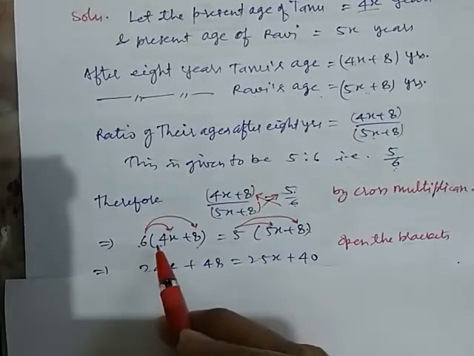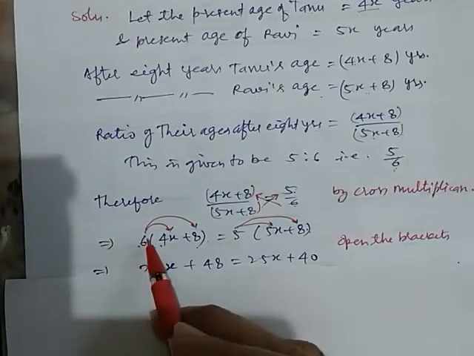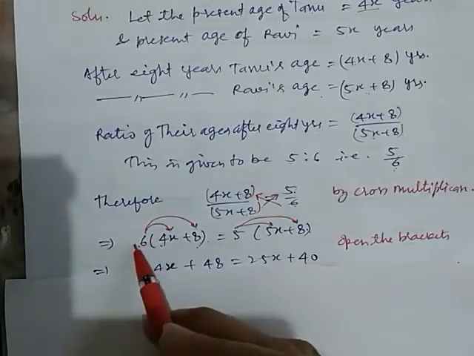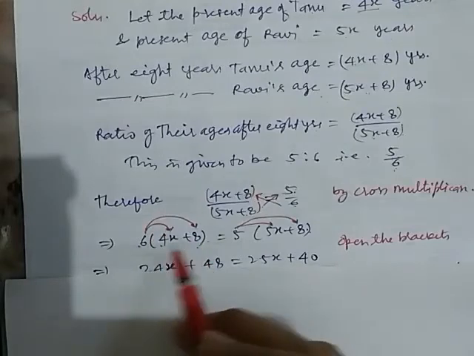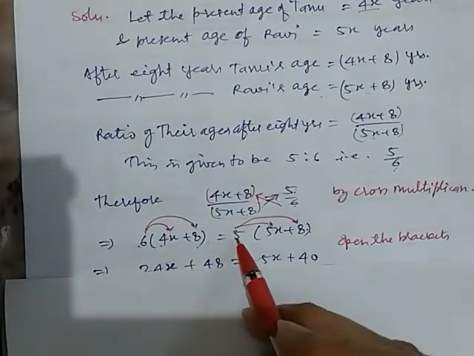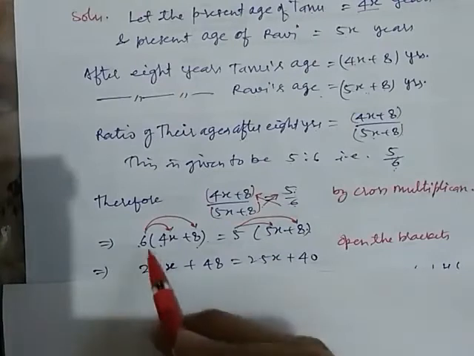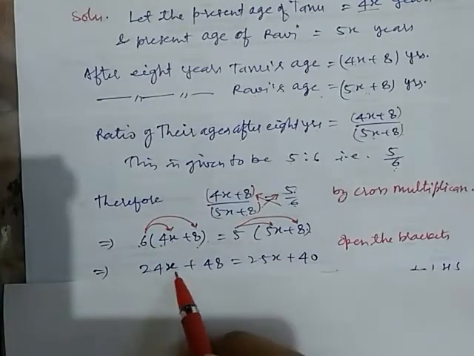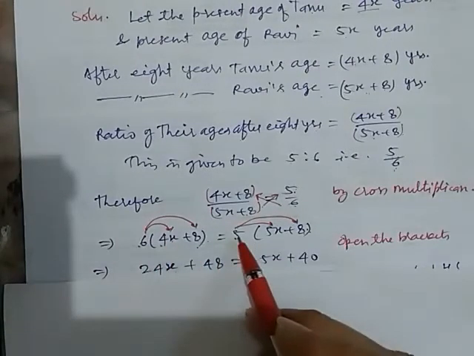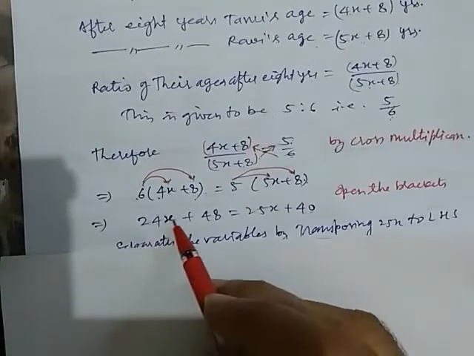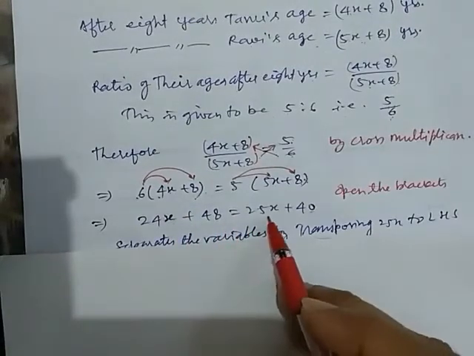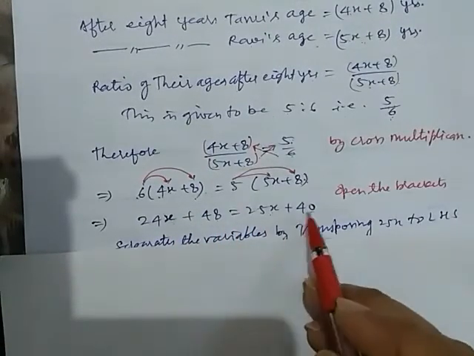Now open the brackets. We multiply 6 with both the terms and 5 with both the terms. 6 into 4x is 24x, 6 into 8 is 48, 5 into 5x is 25x, 5 into 8 is 40. So the equation reduces to 24x plus 48 equal to 25x plus 40.